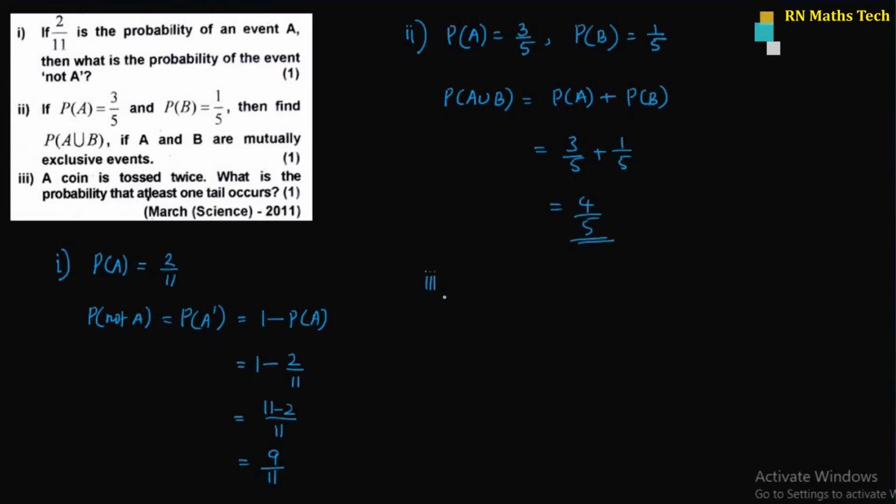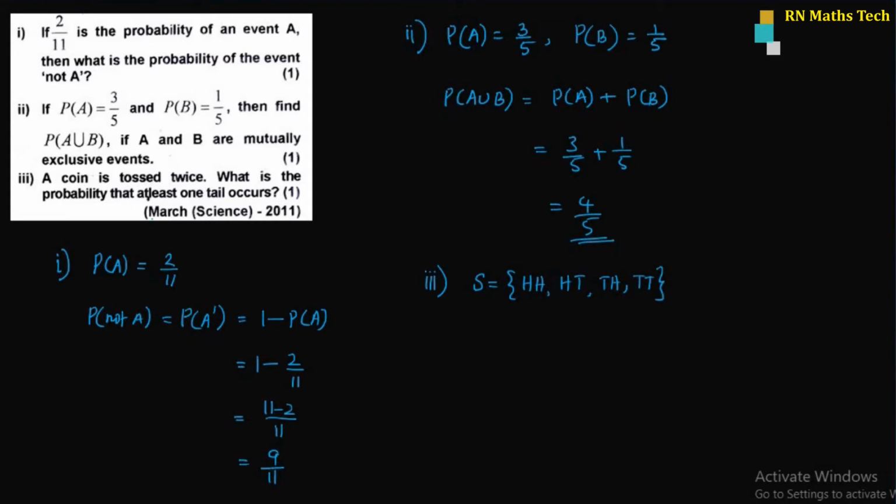Now question number 3, a coin is tossed twice. What is the probability that at least one tail occurs? When a coin is tossed 2 times, then the sample space contains 4 elements, HH, HT, TH and TT.